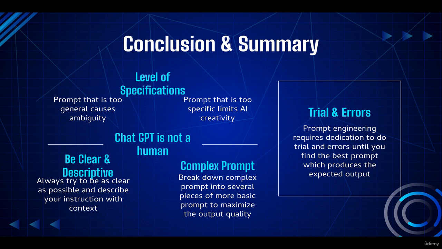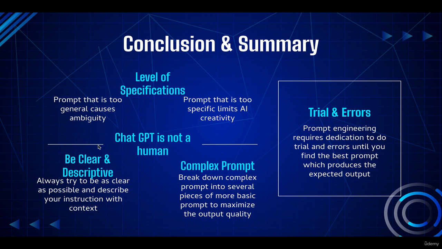However, the more experience you have, the more it gives you a new perspective on how to be wise when writing prompts, how to not pass the limit of specificity to the point where you limit the creativity of ChatGPT, but at the same time be specific enough. You specify your instructions so the AI still understands what you want. So yeah, that's the first thing.